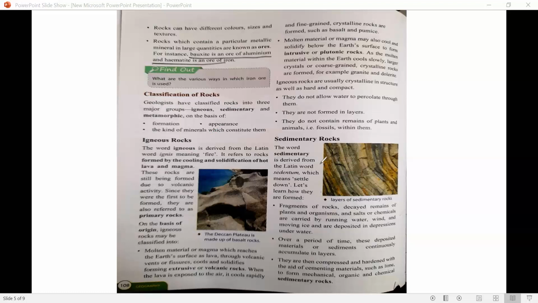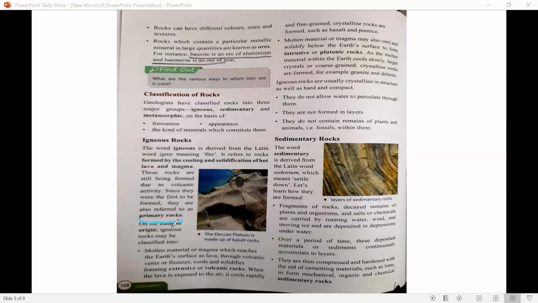Just as you learned in your early classes about primary colors, secondary colors, and tertiary colors, igneous rocks were formed first on this earth, when the volcanic eruptions were at high speed. These rocks are known as primary rocks as they formed first.